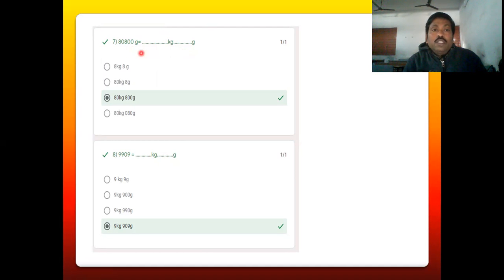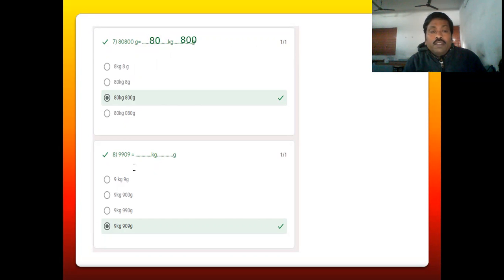Count 3 digits: 1, 2 and 3. The last 3 digits are 800, so that makes 800 grams, and the rest of the digits after 800 are 80, which makes the kilograms. So our answer will be 80 kg 800 gram.